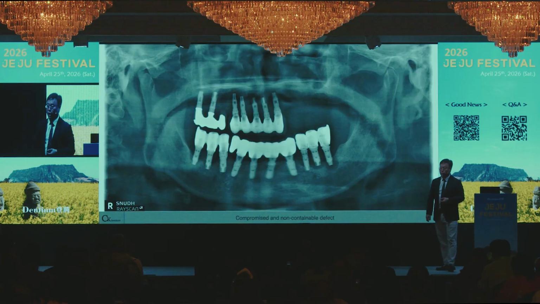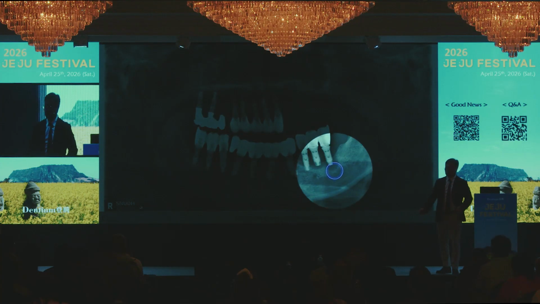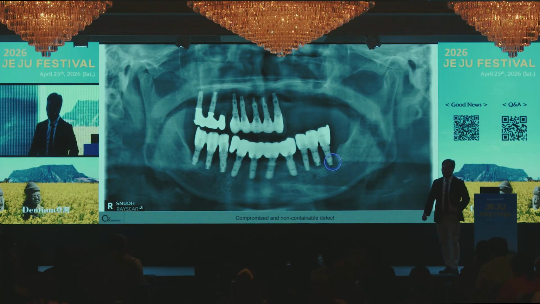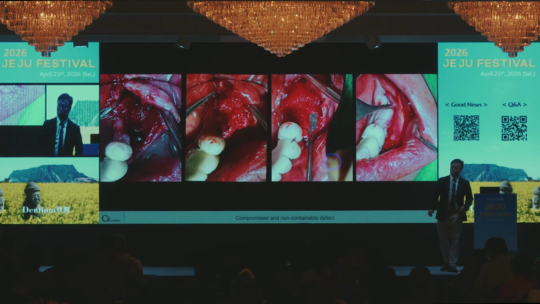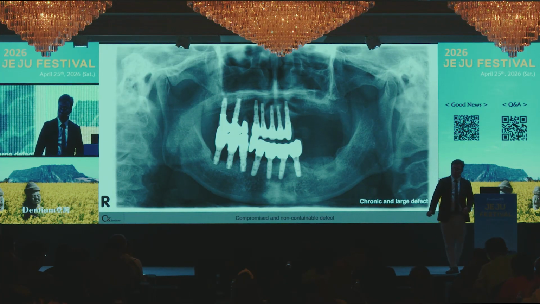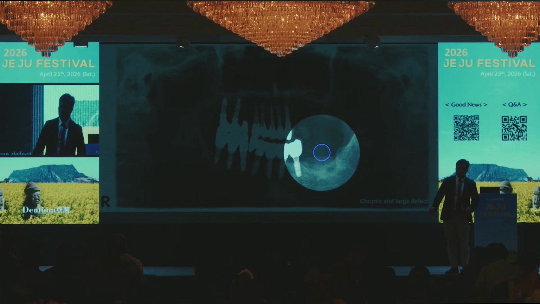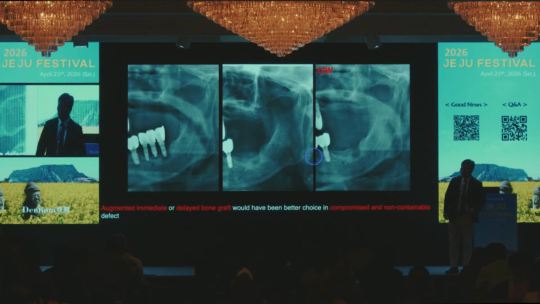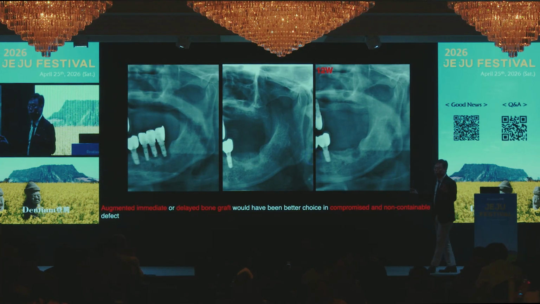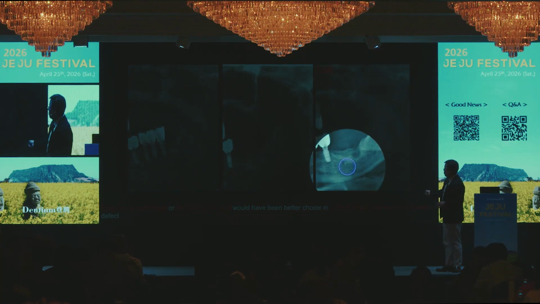So this is another case, simple immediate. We had to remove this part of the implant and apply the simple immediate bone graft. And we found after 12 weeks, it was okay. But we applied the bone graft a lot without the stabilization of the membrane, and found some parts of bone loss.